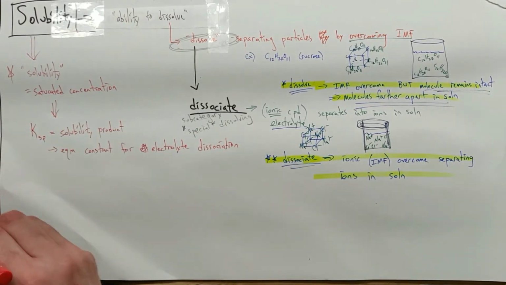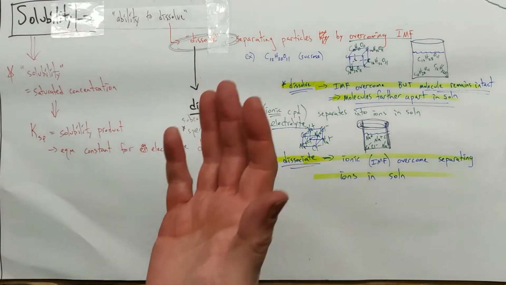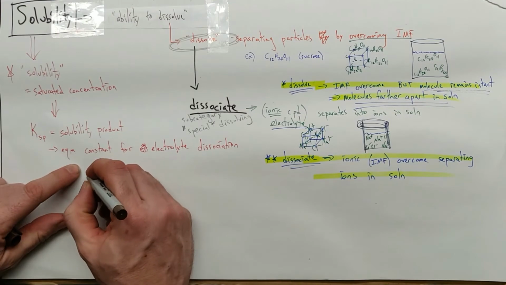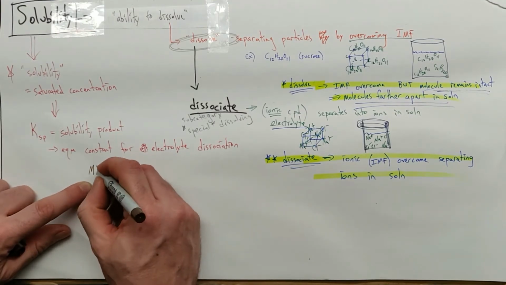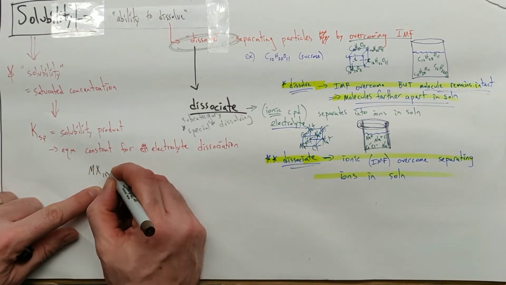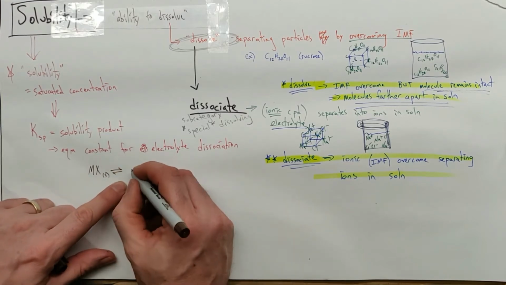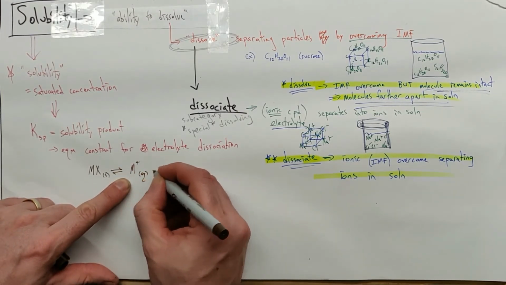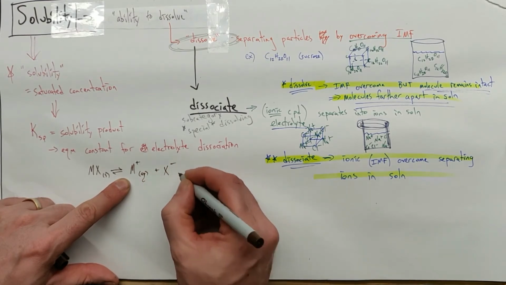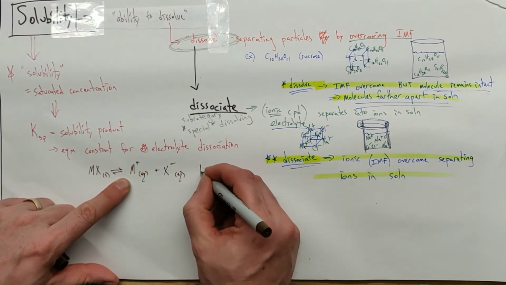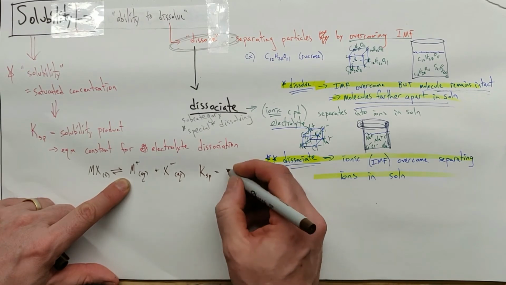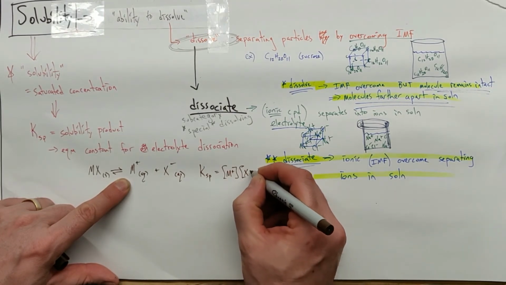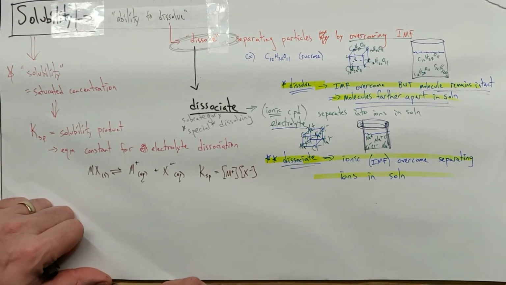And so a simple example of how this would look, and we'll work into specific examples in a minute: if you just have something that's insoluble, some metal with some anion that's insoluble, it dissociates in solution to give you some metal ions and some anions. And we would have a Ksp, an equilibrium expression, that is some concentration of metal ions times some concentration of the anions.